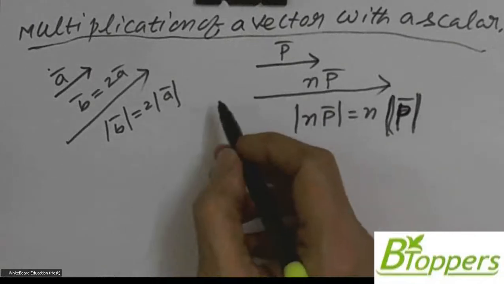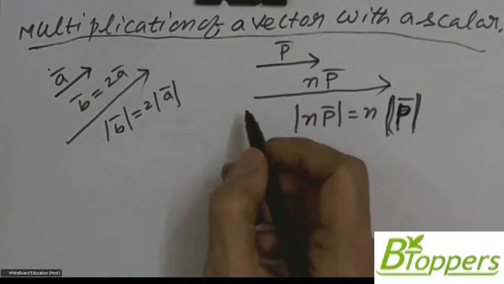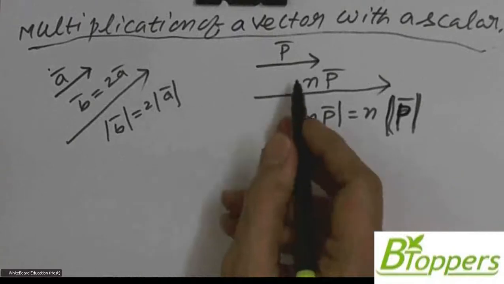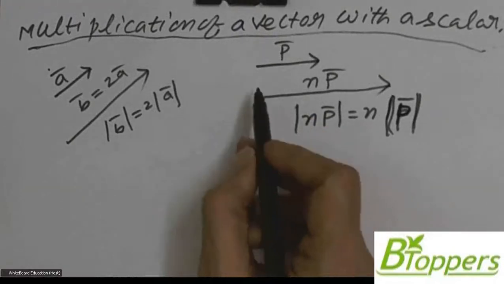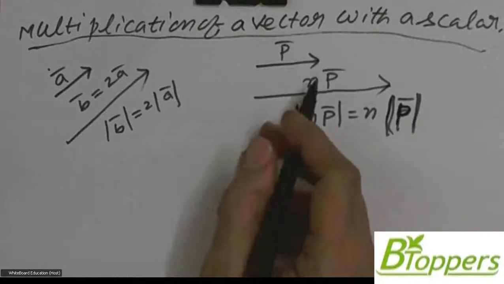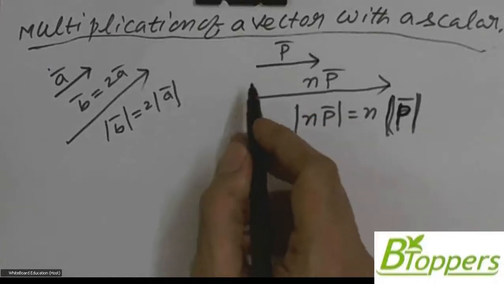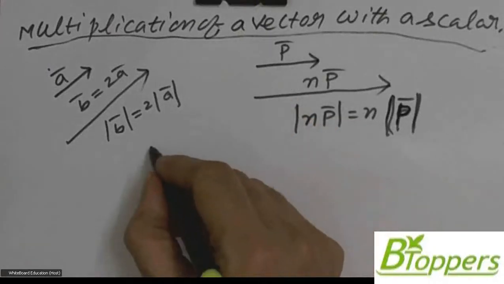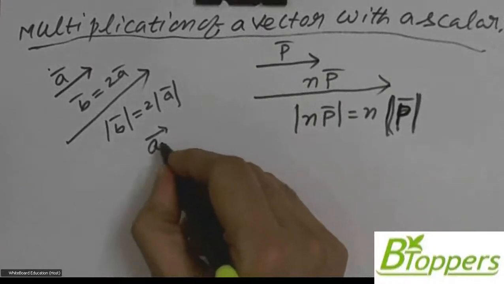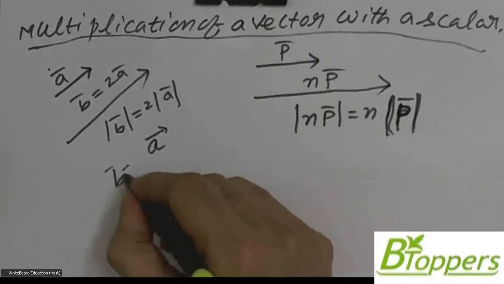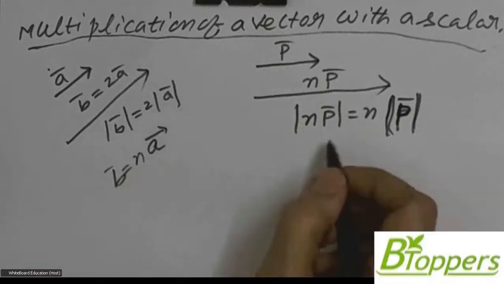So in general, if two vectors are parallel or act in the same direction, one vector can be expressed as a positive scalar multiple of another vector. That means if A bar and B bar are two vectors which are parallel to each other, you can write one vector as a positive scalar multiple of the other.